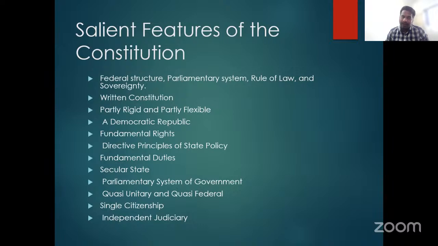They are very fundamental for the country to survive. That's why this is called directive principles of state policy. For states, it is a directive.